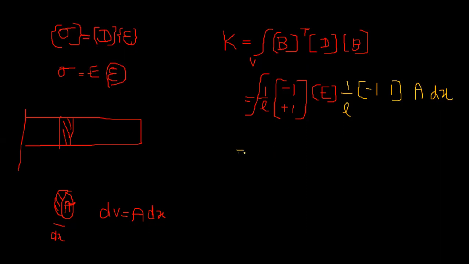So you can take AE over L squared out, and you will be remaining with this matrix, 2 by 1 into 1 by 2. So that will give you 1, minus 1, minus 1, 1.